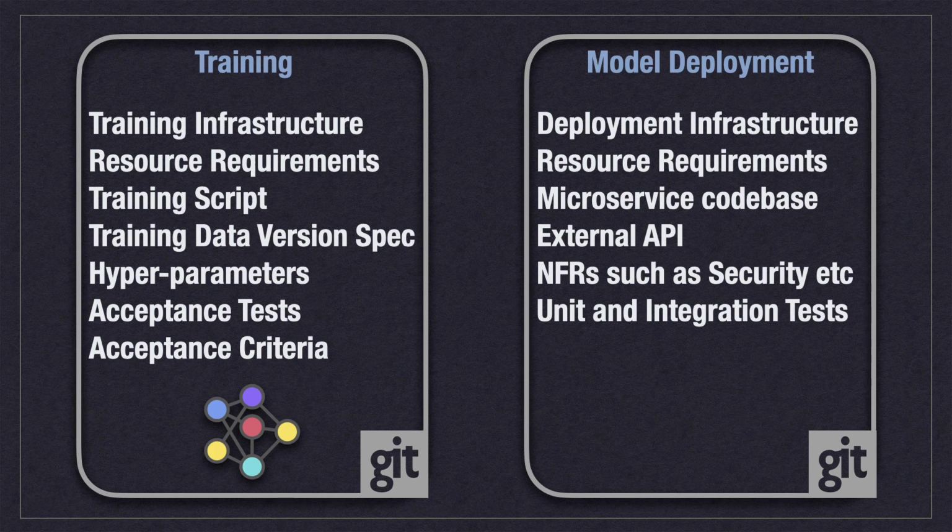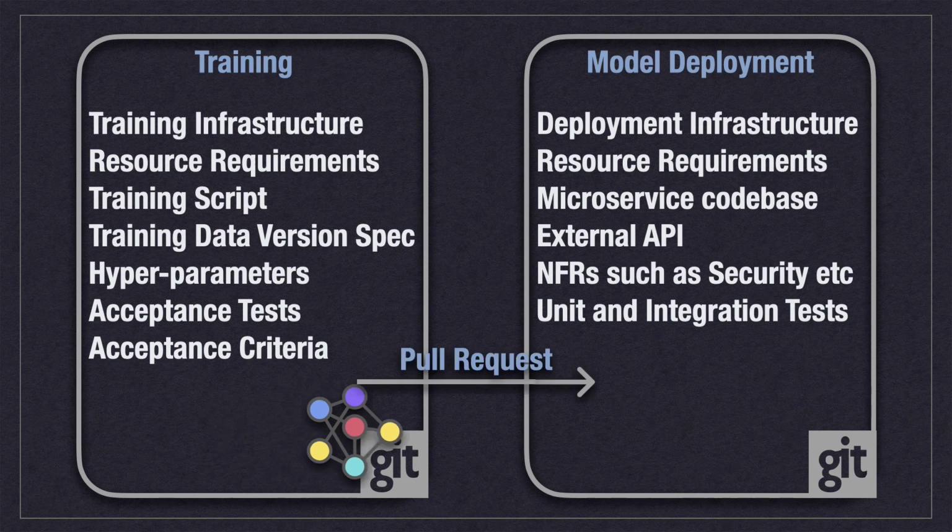Now, if it doesn't, then it will fail out, and you can run another training instance with some different tunings and keep repeating that process until you get a pass. But if it passes, then it will actually automatically create a pull request onto the model deployment repository and move a version of that trained model into that repository, triggering the release process for the second repository.